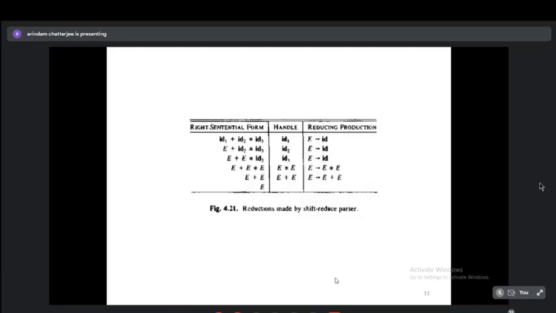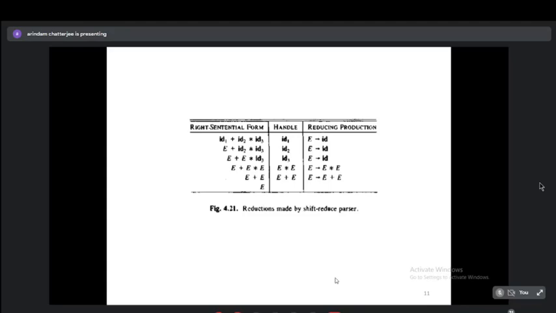So you can reduce the right sentential form by applying this production rule. So what do you get? You get E plus ID2 star ID3. Is this clear, how you can use a handle to trace one step backward in the rightmost derivation process?